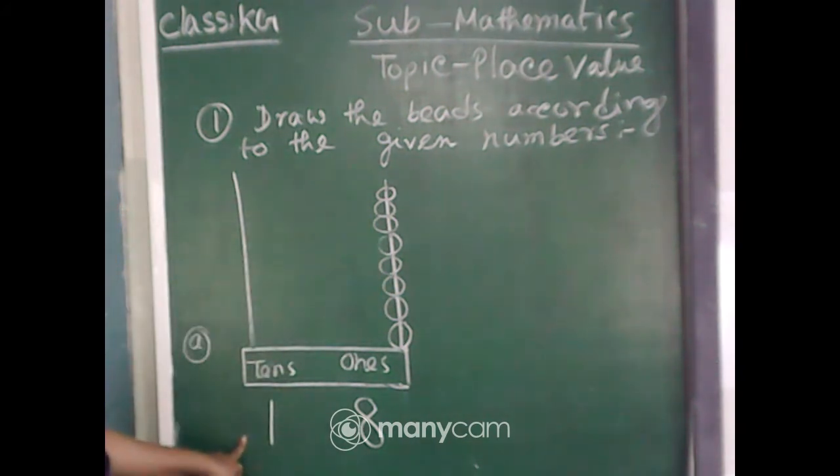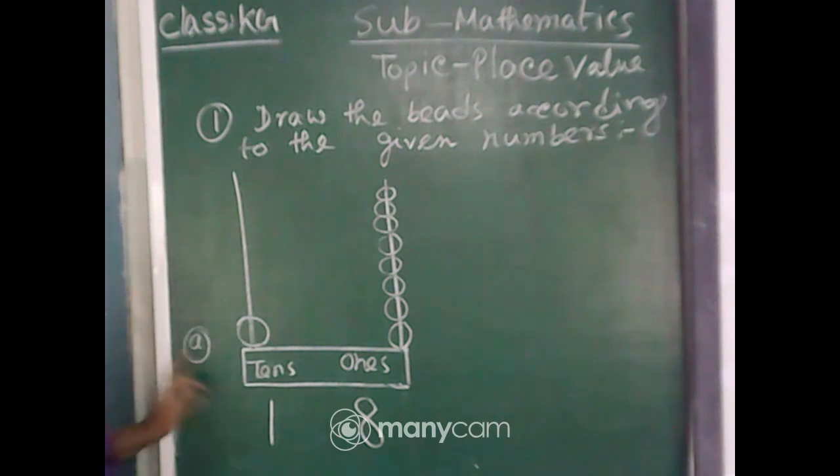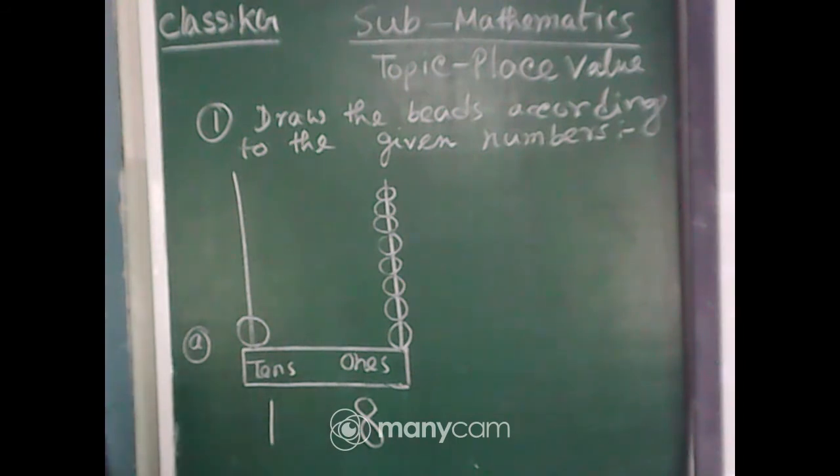And 1 ten means in the tens column I will draw 1 bead. That means 1 ten, 8 ones. It is our first, number A, answer.